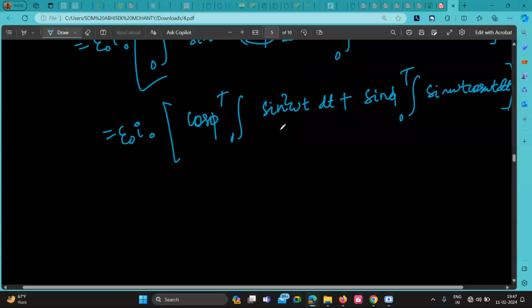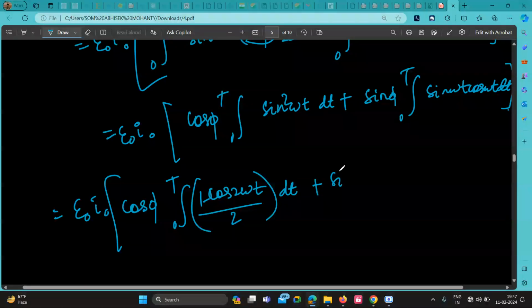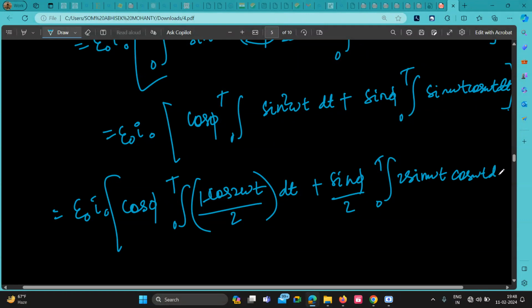Now see, integration of sine square omega t: again E naught I naught cos phi integral of sine square, which will be (1 minus cos 2 omega t) by 2 dt, plus sine phi. Here I will multiply by 2 and divide by 2, because 2 sine theta cos theta is sine 2 theta. So 2 sine omega t cos omega t dt.